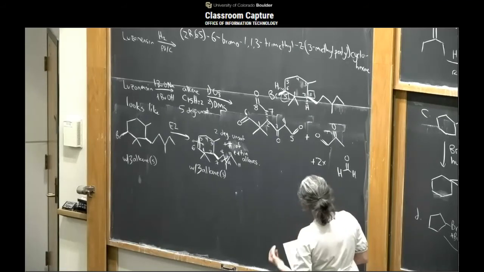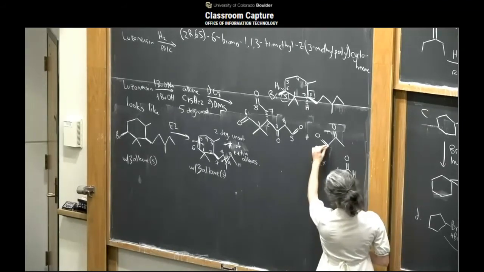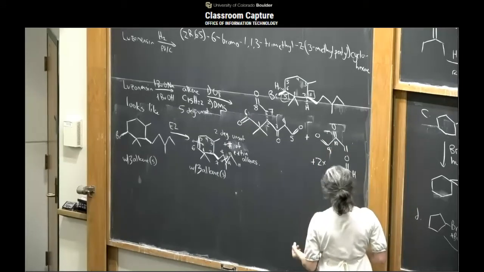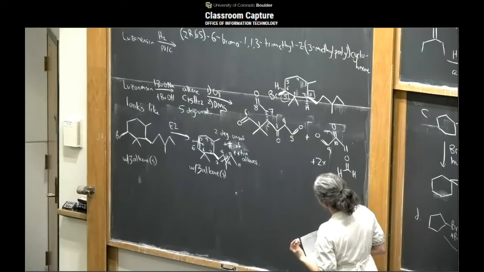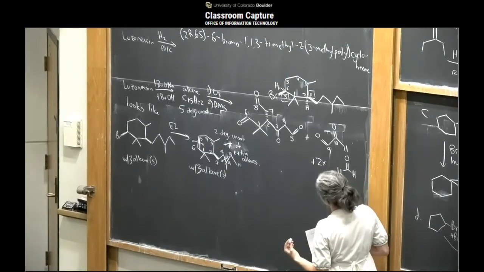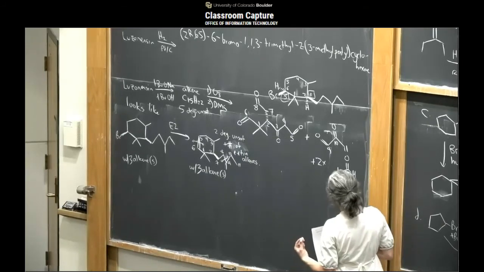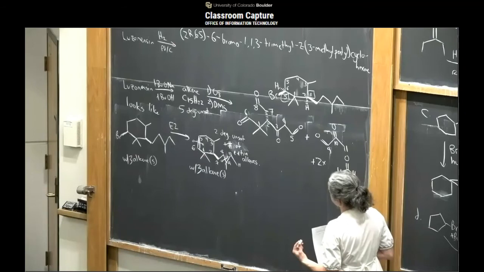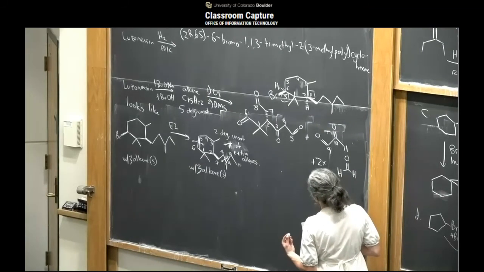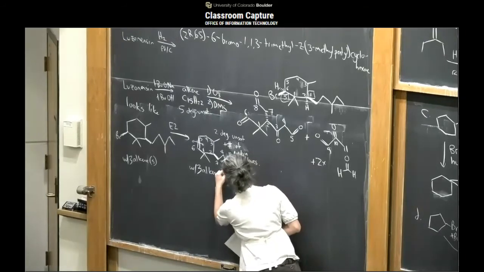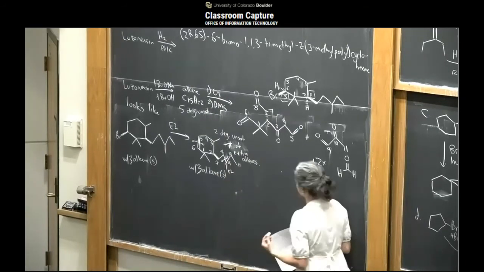So maybe I could say 9, 10, 11. Actually, no. That doesn't work though, because then 9 would have to have a methyl group coming off of it, which doesn't work. So maybe I'll go, okay, let's label that one as 12 perhaps.